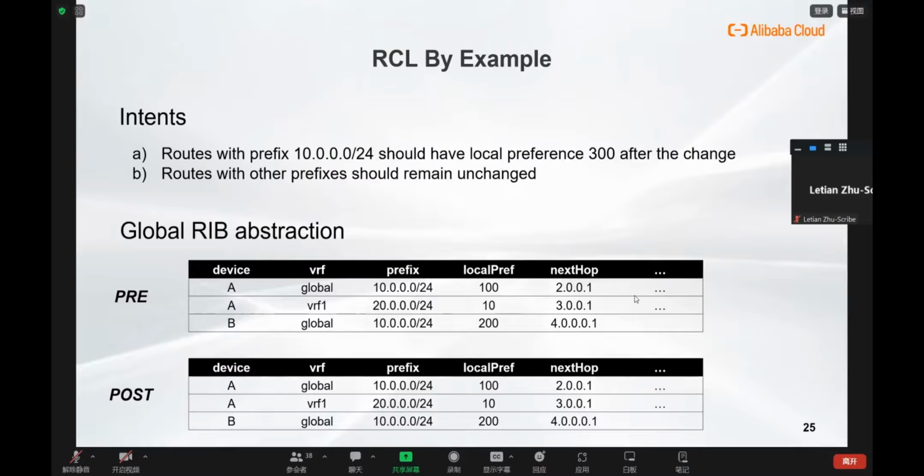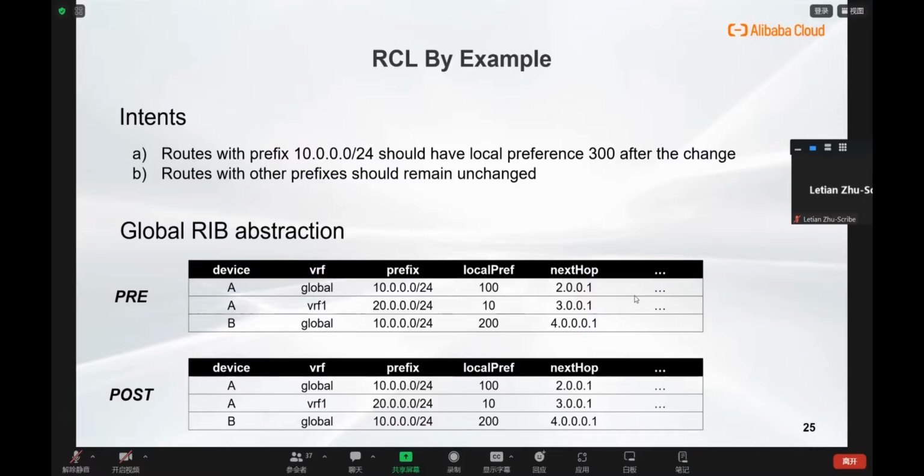For instance, if they just want to replace a router, then the intent is simple: they write the intent specifying that no routes should change. For other changes, we do have a developer helping them write correct intents. But according to our observation, learning this language is not really that hard, which is super surprising to me, to be honest.